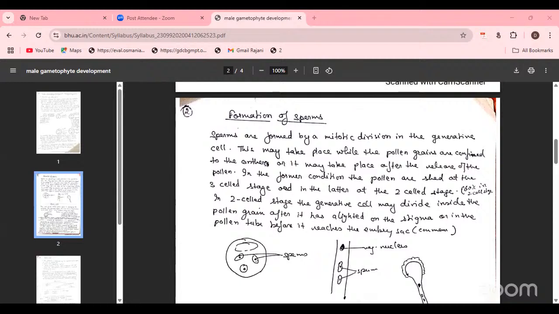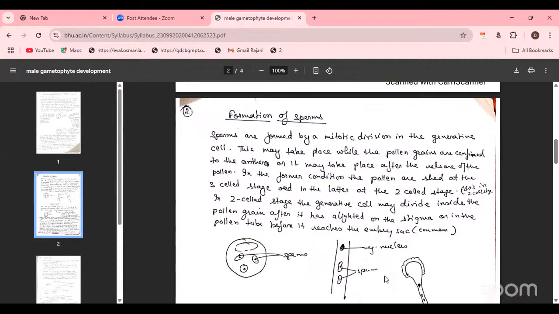In the former condition, the pollen grains are shed at the three-celled stage, and in the latter at the two-celled stage.